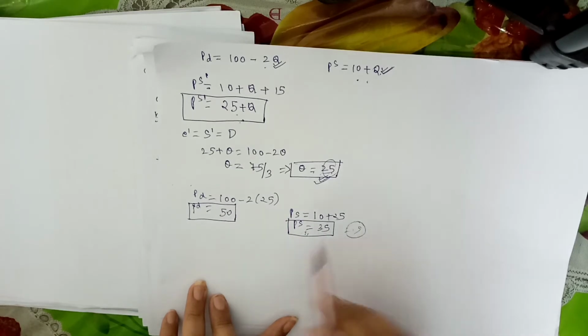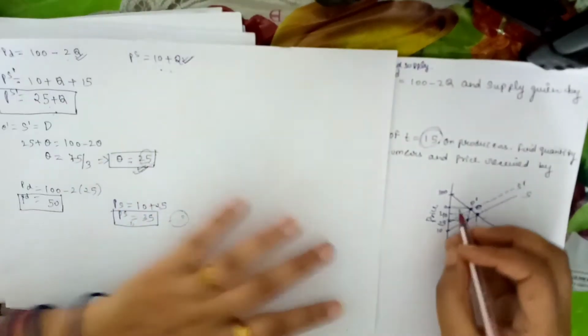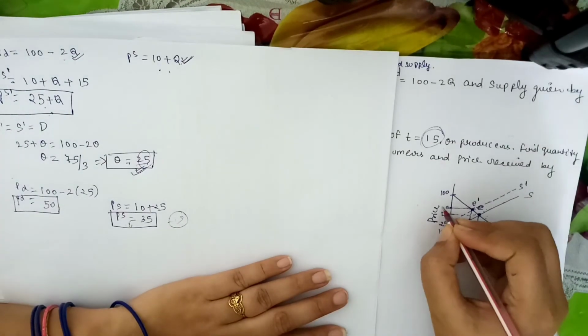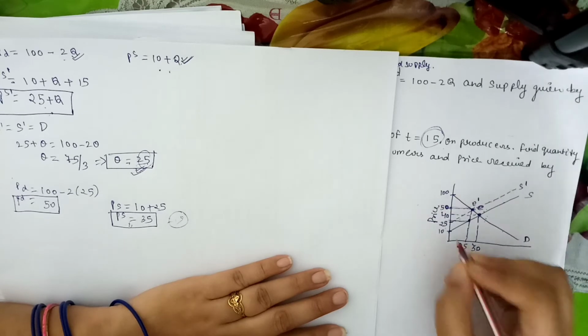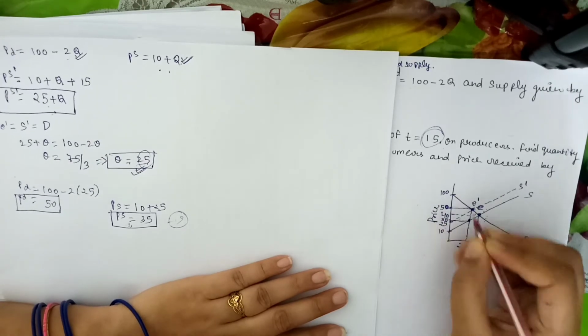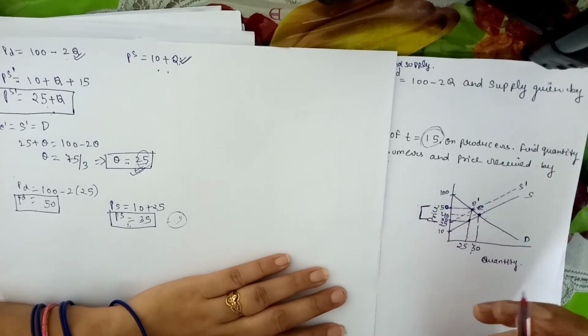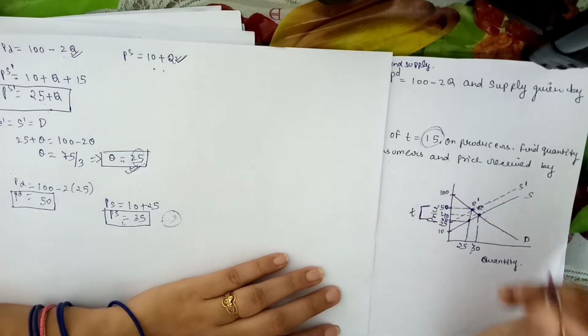So that means we have calculated it right, and we can also show it like this: this price is 50 and this price is 35. So this part is our tax.